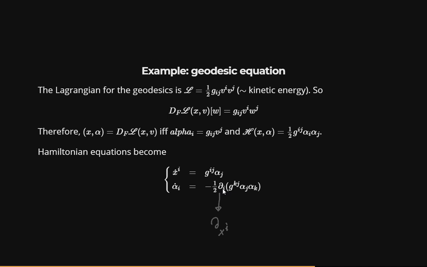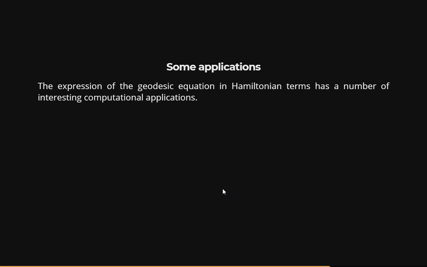And if you have some reasons for which the inverse metric, so the Gij with upper indices, you have a closed form for it, it's easy to compute or something like that, then it's easier to go down this way instead of the Euler-Lagrange equations, if you want to actually compute a geodesic.